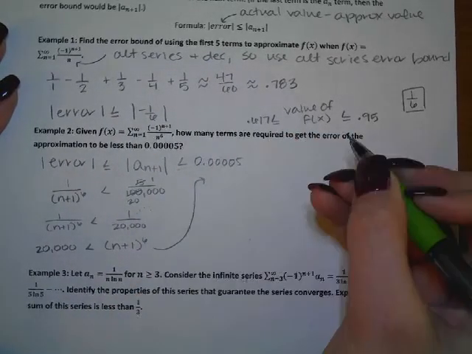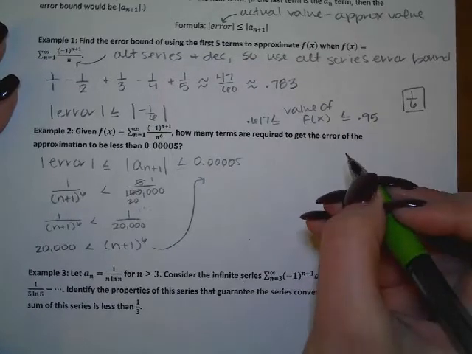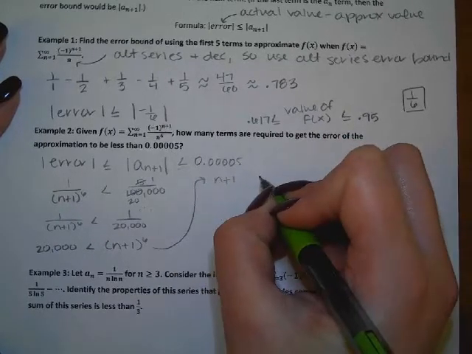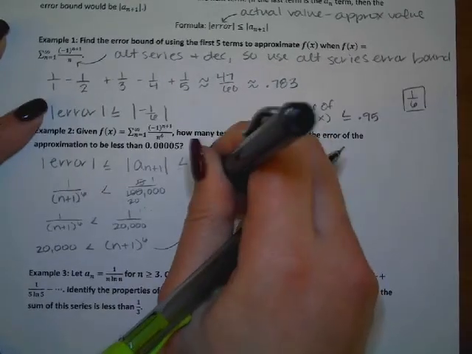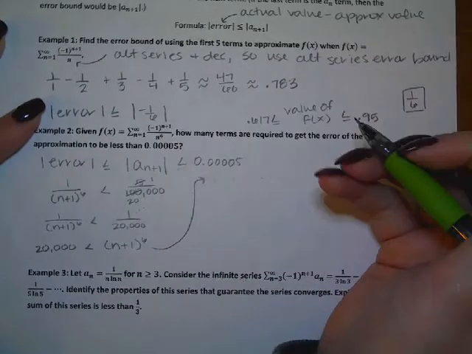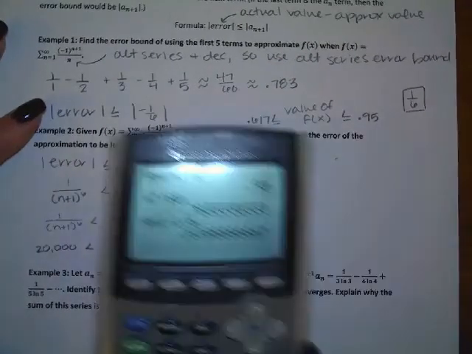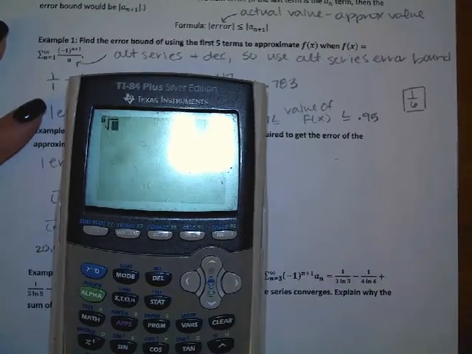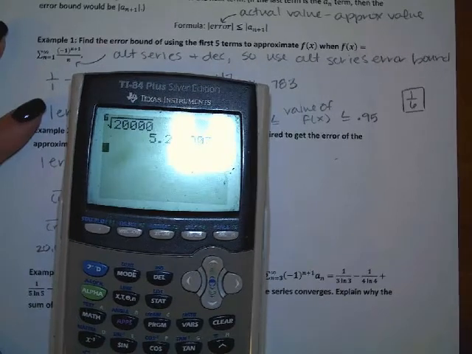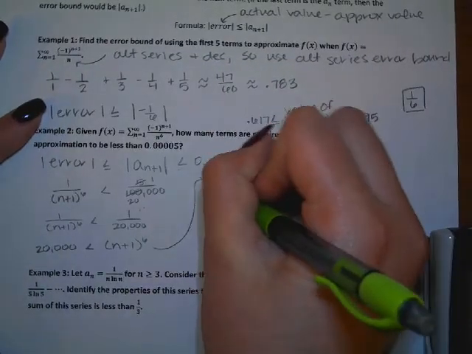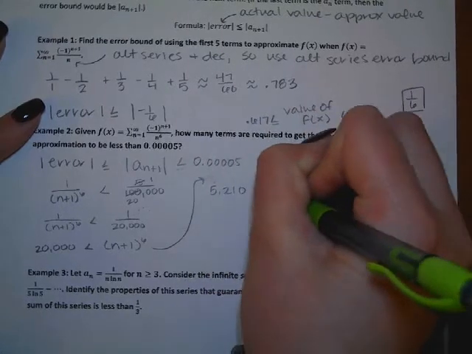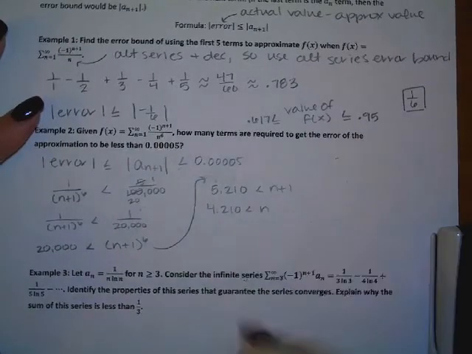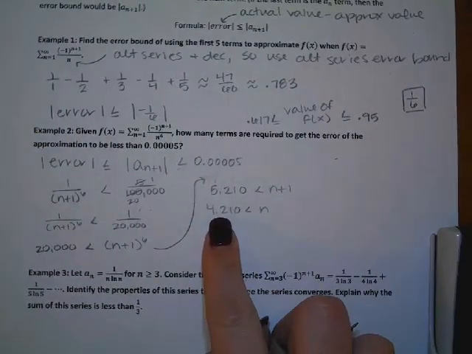So if you 6th root 20,000, you get 5.210. So 5.210 is less than n plus 1. Subtract the 1 over. So n has to be greater than 4.210.